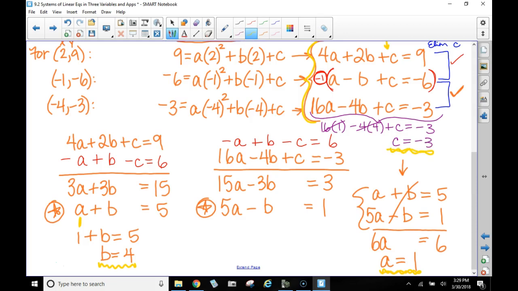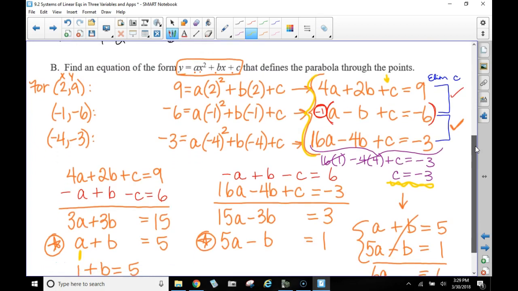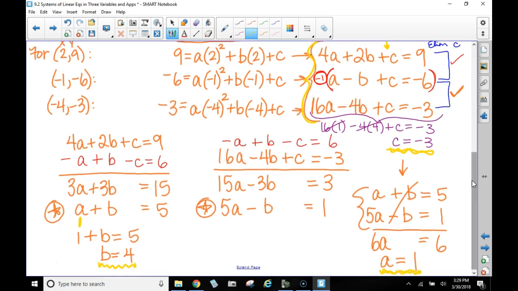Now, what in the world are we going to do with all of that? Well, we're going to go back up and put the a and the b and the c in to write the equation of the parabola that would contain those 3 points. Remember, the equation is of the form y equals ax squared plus bx plus c.